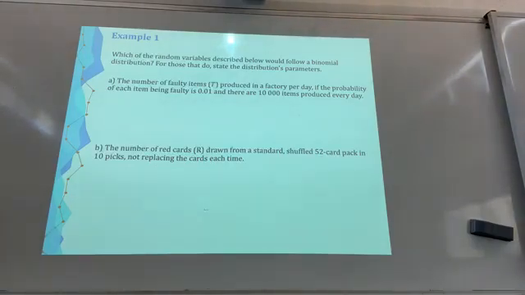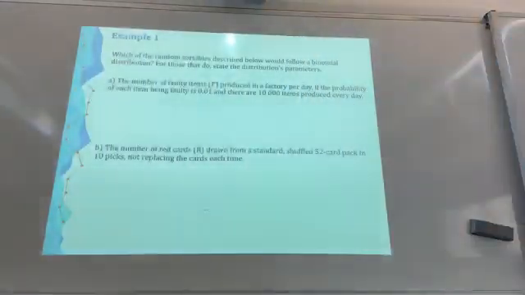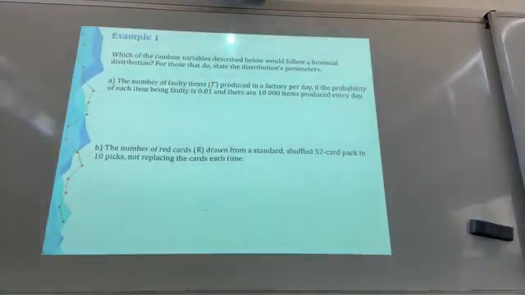Now, what sort of assumption do you have to make in this situation if you think that it is binomial? You've got to assume that it's only faulty or not faulty.